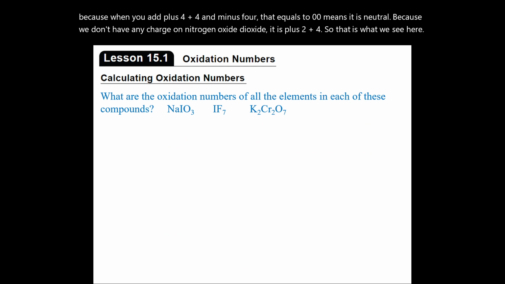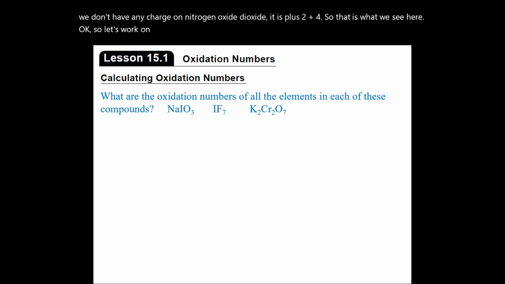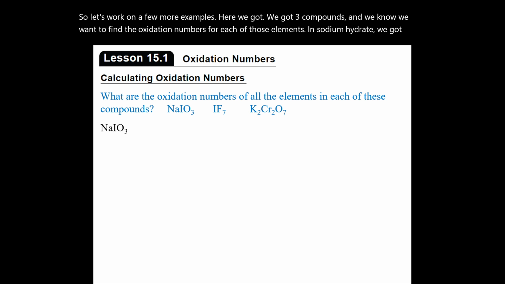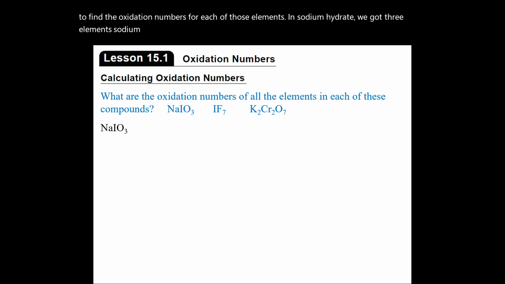Okay, so let's work on a few more examples here. Here we got 3 compounds, and we want to find the oxidation numbers for each of those elements. In sodium iodate, we got 3 elements: sodium, iodine, and oxygen.